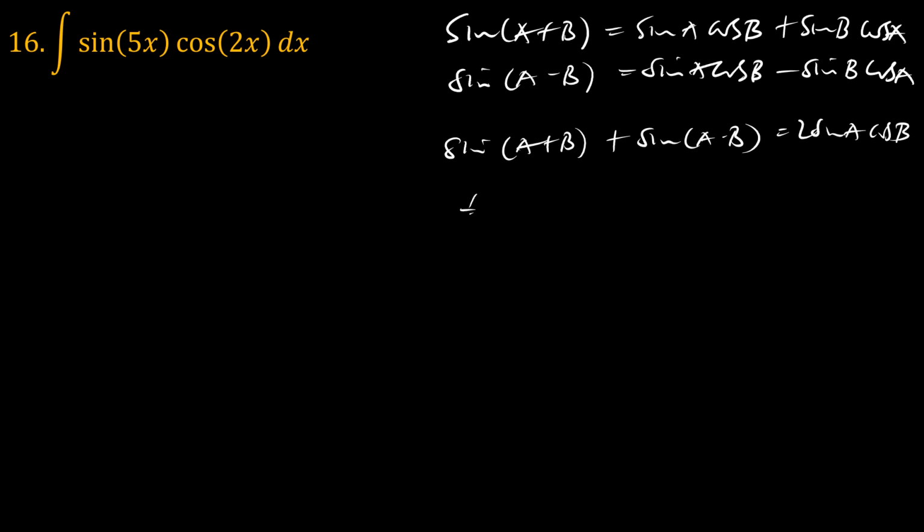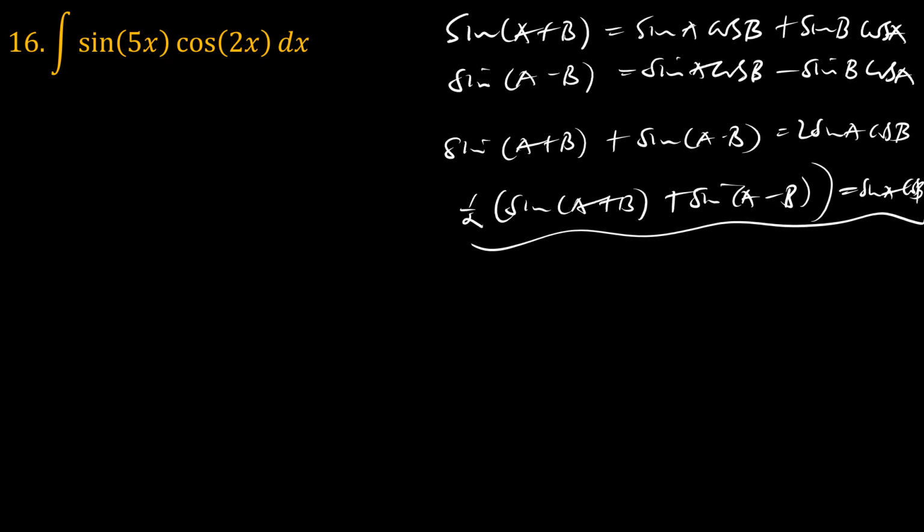So half of sine A plus B plus sine A minus B is equal to sine A cosine B. Now, why I bother to do that is because I haven't memorized this thing.